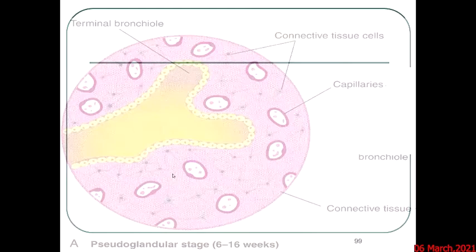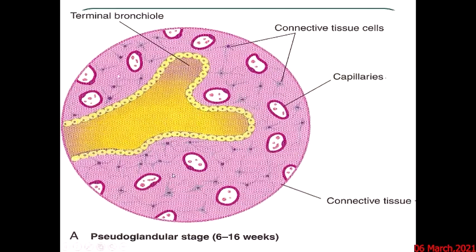Maybe in the initial part, 17 or 18 or 19 weeks, the lumen of the terminal bronchiole becomes larger, and the capillaries make the lung tissue highly vascular.